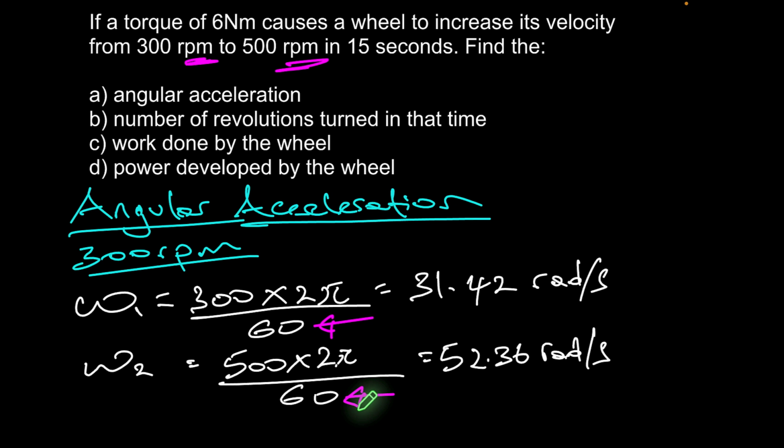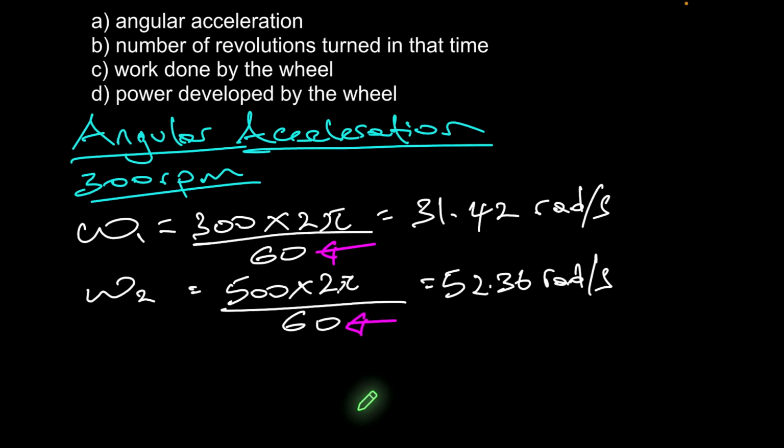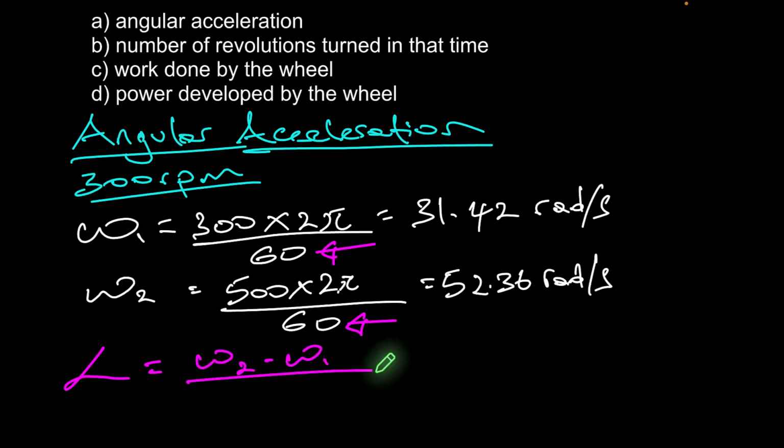So now that we have our conversion into angular speed, let's see how we find the acceleration. Our angular acceleration, alpha, equals rate of change of speed divided by time. So we just subtract our initial from our final: 52.36 minus 31.42.